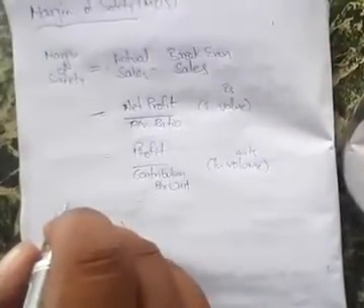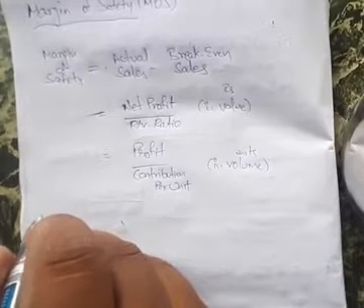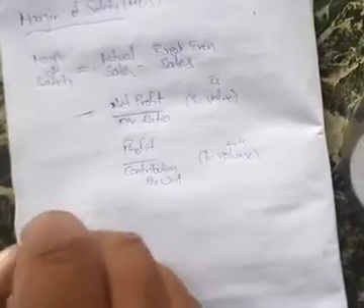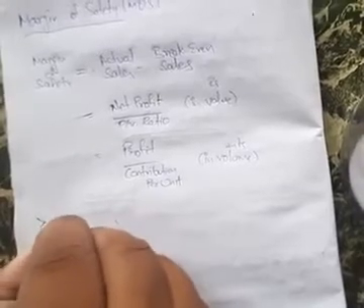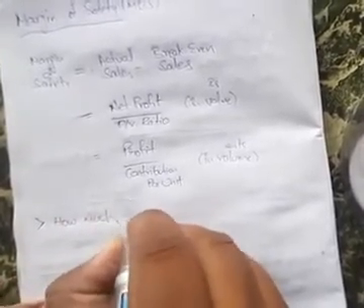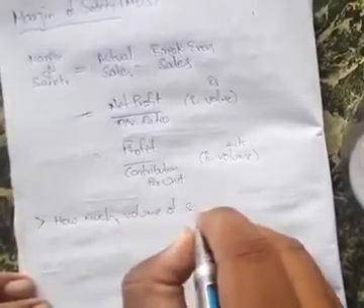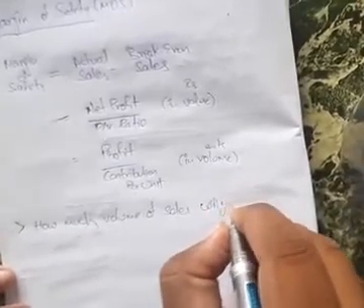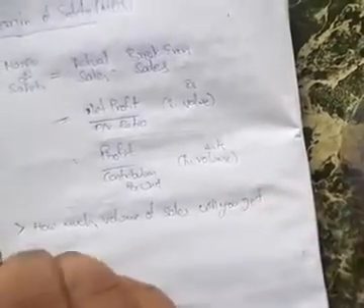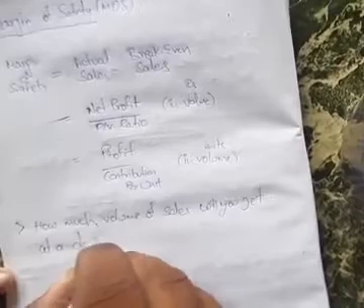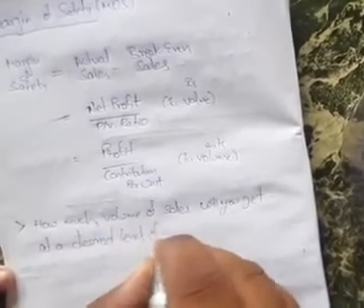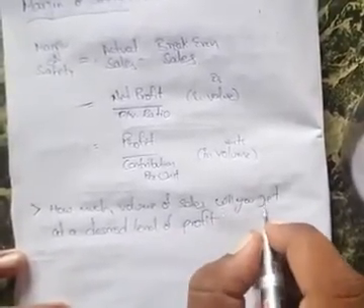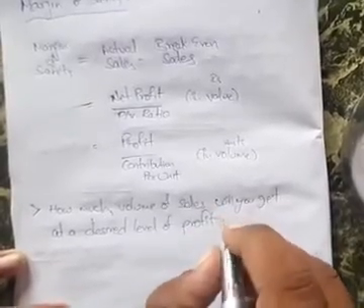After margin of safety, you have sales units at a desired profit. Sometimes you will be asked how much volume of sales will you get at a desired level of profit?